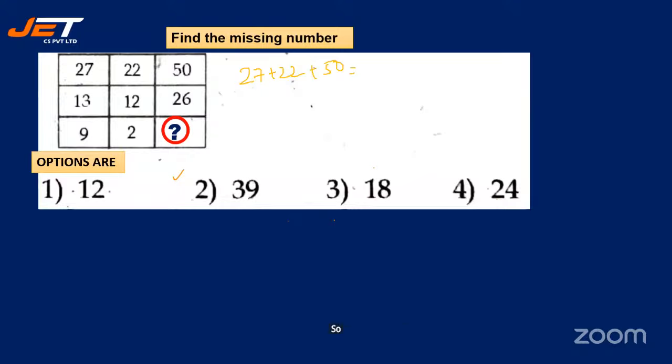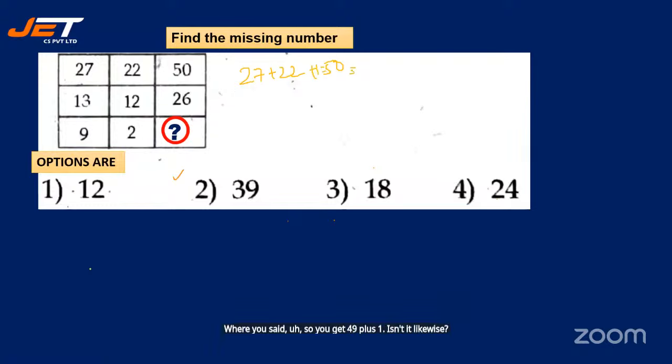So 27 plus 22, you get 49, plus 1 is 50, isn't it?